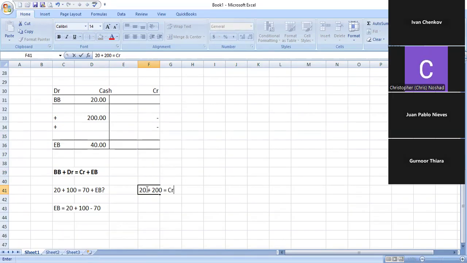But what we know is our ending balance, and the ending balance was $40. So what we have to find out is how much is the credit. So the credit in this case is going to be equal to 20, which is the beginning balance, plus 200, which is coming in, the debit, minus 40, which is the ending balance. And once you solve this equation, this calculation is going to be 180. Make sense?